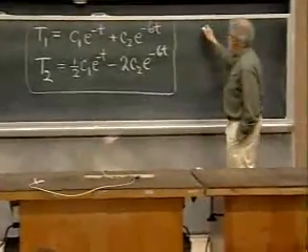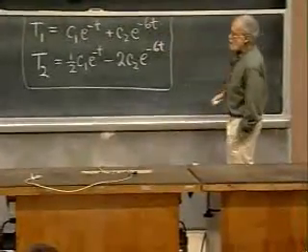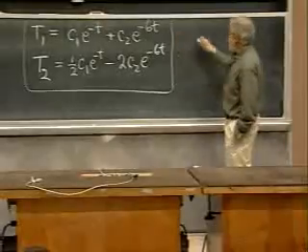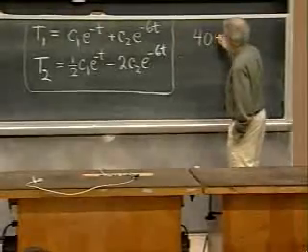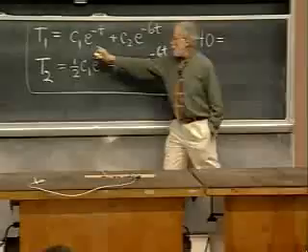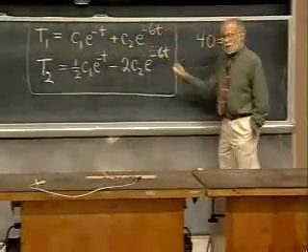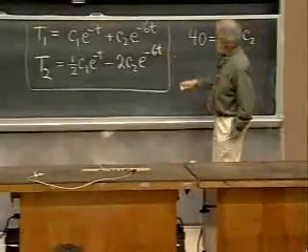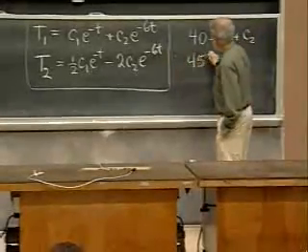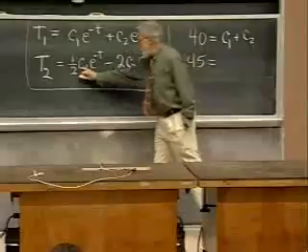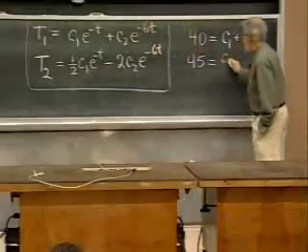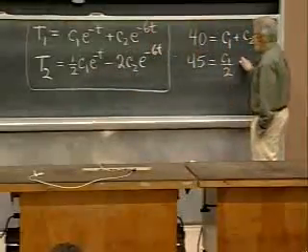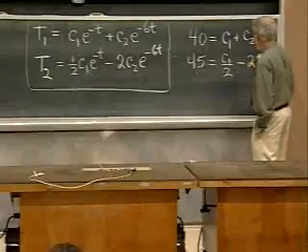But this you know. So if I put in the initial conditions, at time 0, T1 has the value 40. So 40 should be equal to c1 plus c2. And the other equation will say that 45 is equal to 1/2 c1 minus 2 c2.